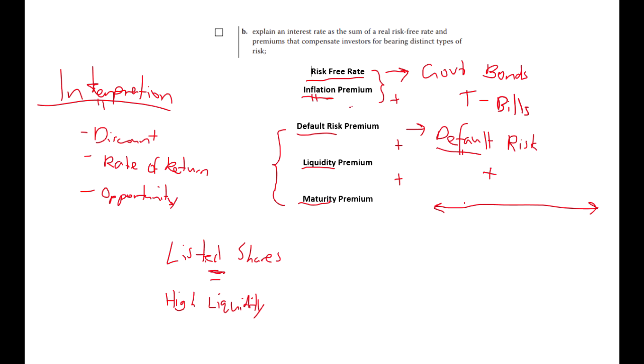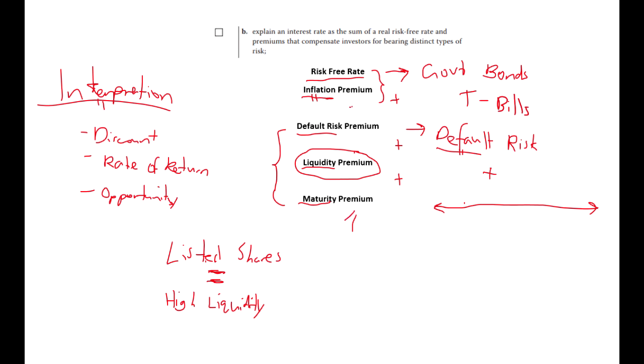There's high liquidity there. Whereas if we invest in a stock that's not listed, we can't just go to the marketplace and sell our shares for the market price. We have to go out and find a buyer, which means our investment is very illiquid. So if the investment is illiquid, then we're going to want to command a premium for that investment. That gives rise to the liquidity premium.